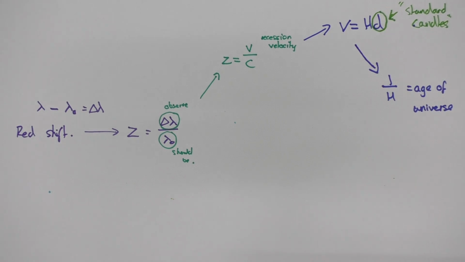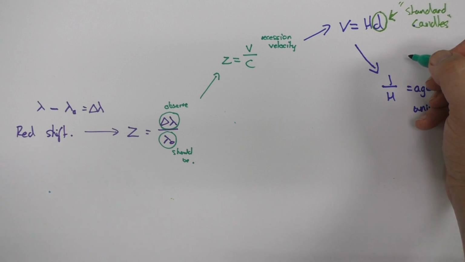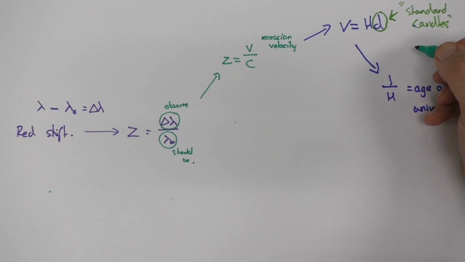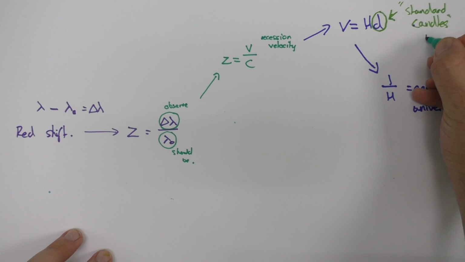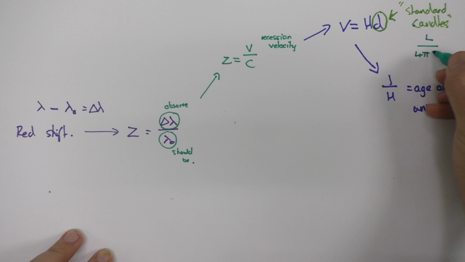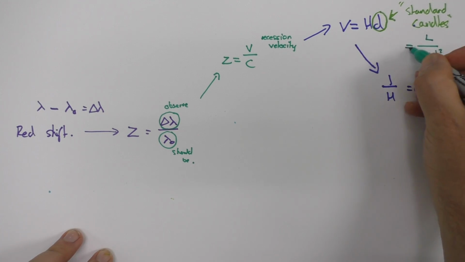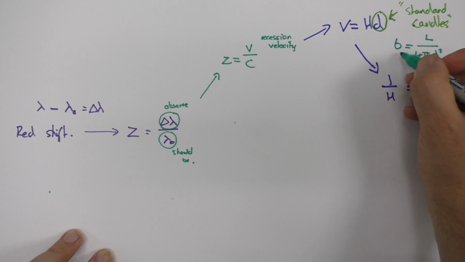So standard candles are basically the stars that we know have a known luminosity. And the importance of having a known luminosity is that we can use an equation that I've derived in the previous videos, that you can go back and have a look at: when we have a known luminosity, which is L, divided by 4 pi times the distance squared, that will be equal to B, which is the apparent brightness, i.e. the intensity of the light that we're looking at when on Earth.